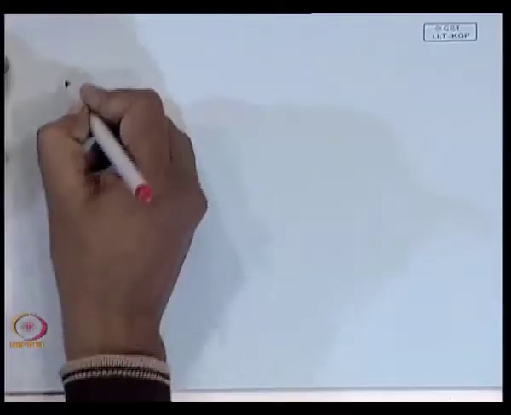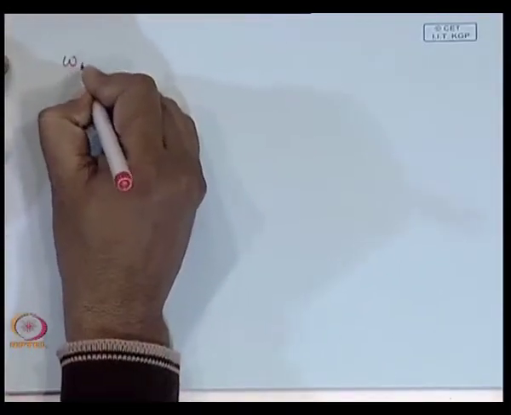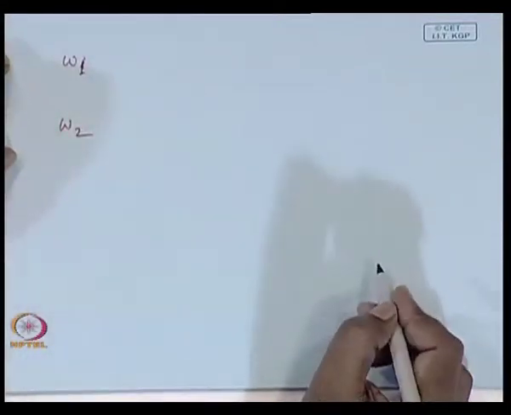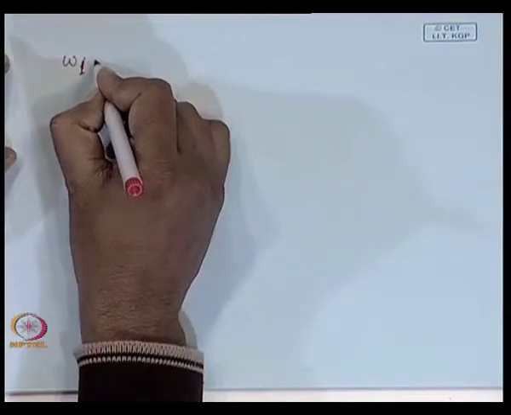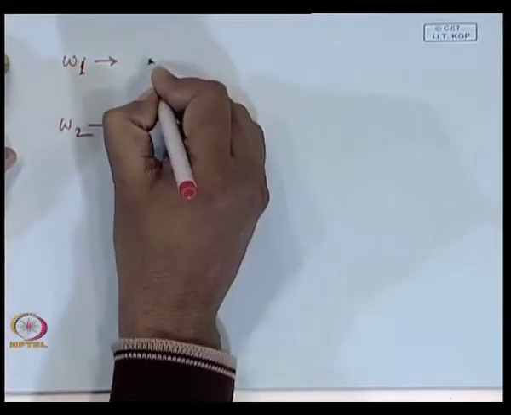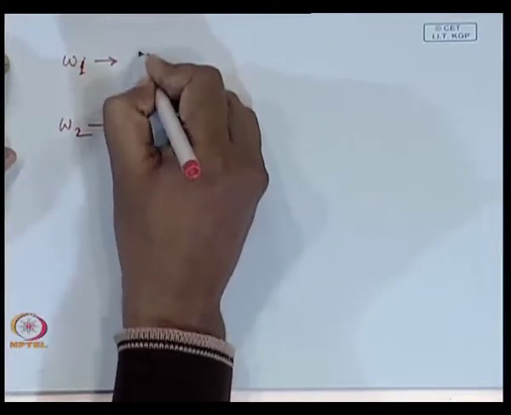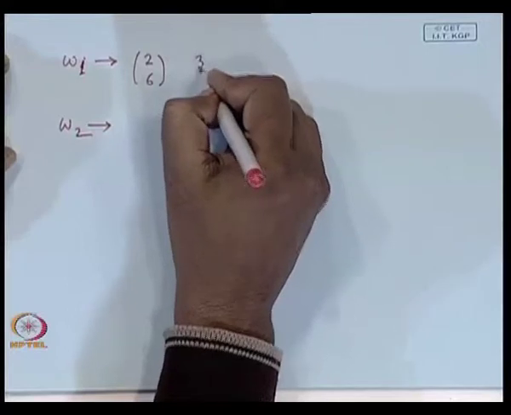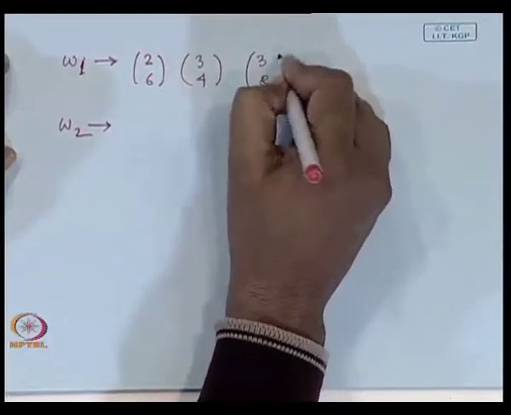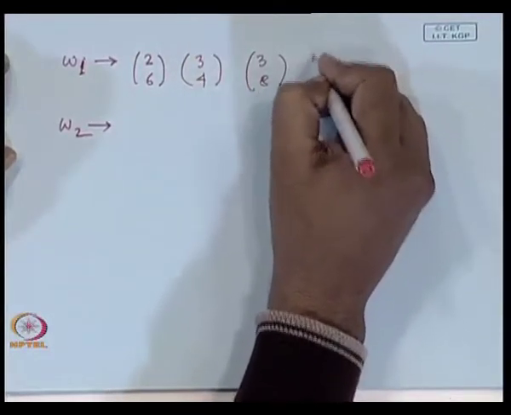Okay. Let us see an example. Suppose we have points belonging to two classes, class omega 1 and class omega 2. The training samples provided for these two classes are like this. For class omega 1 it is (2, 6), (3, 4), (3, 8) and (4, 6).